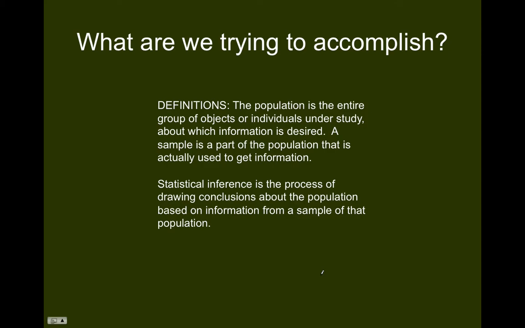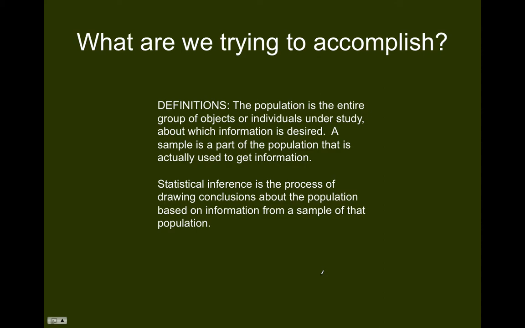Sometimes we can study a population and examine every member of it. But most of the time our populations are just way too big to feasibly measure or talk with or evaluate every member. And so we rely on a smaller subset or a smaller group taken from the population. And of course, that's what we call the sample.